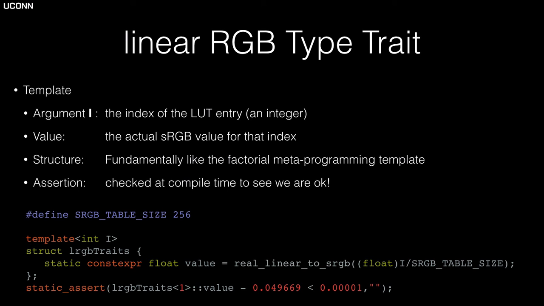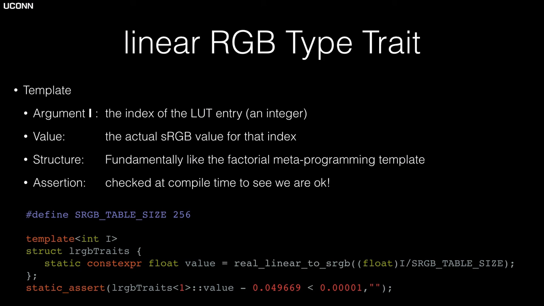So now we have all the ingredients. The template indexed by the name of the value I wish to pre-compute. The function to compute the value. The place where to put it, which is a value embedded inside the type that corresponds to my trait. And that's it. So I'm defining here a constant. Of course, it's a macro, so it's at compile time. The size of my table, 256.